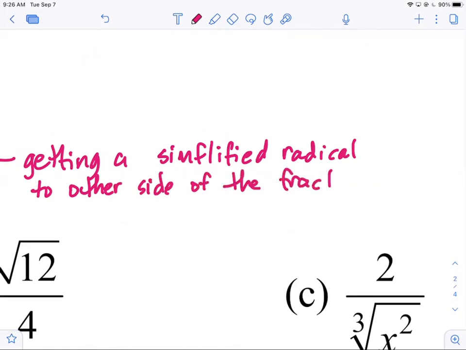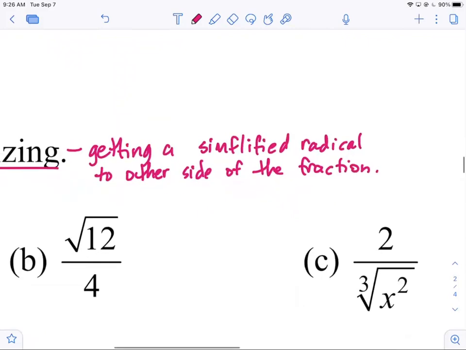Y'all might have done this before. Hopefully you have, okay? So if you have a radical, whether it's a square root or fifth root or anything in the numerator, you try to get it out of the numerator and introduce it equivalently into the denominator and vice versa, all right?